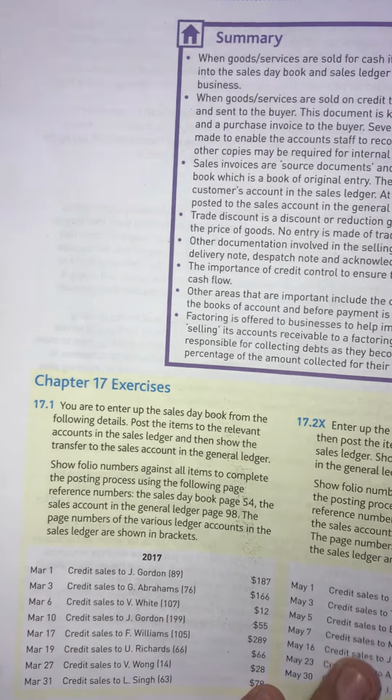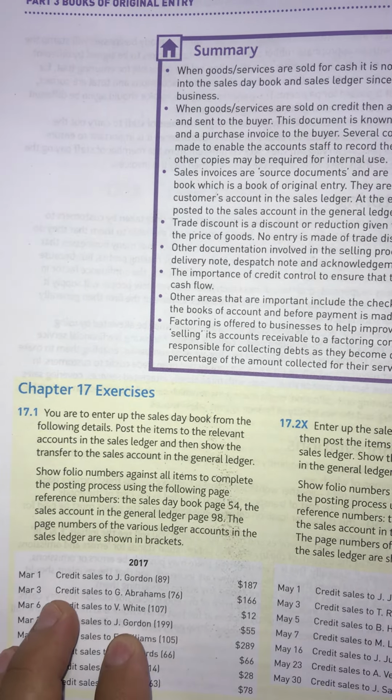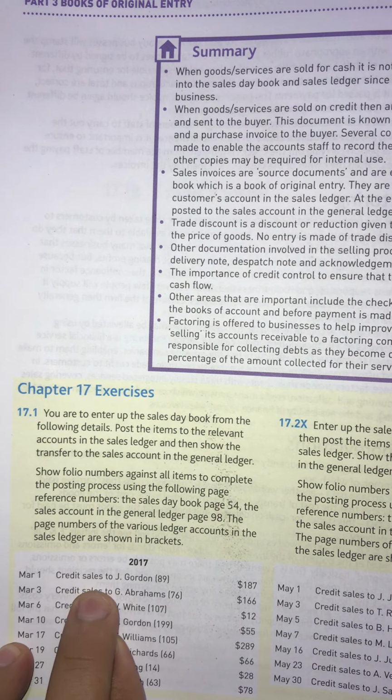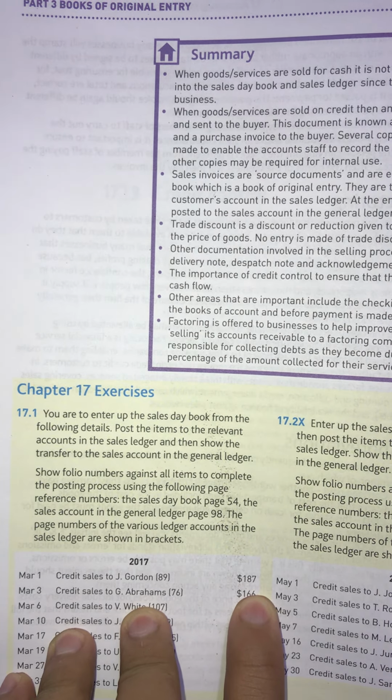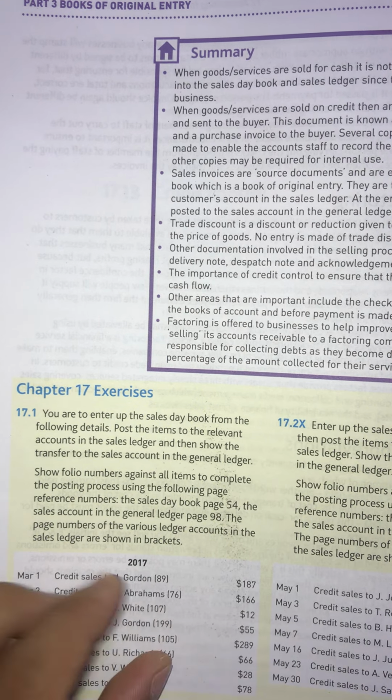Okay, so first of all, our very first transaction is, it says March 1st, credit sales to J. Gordon, $187. So in order for us to journalize that transaction, we would use our sales day book, because we are selling on credit to J. Gordon.